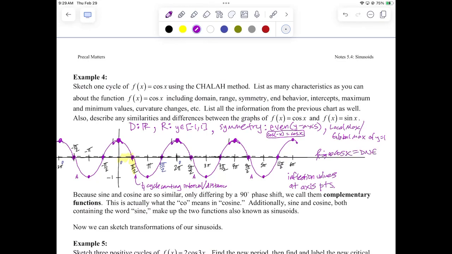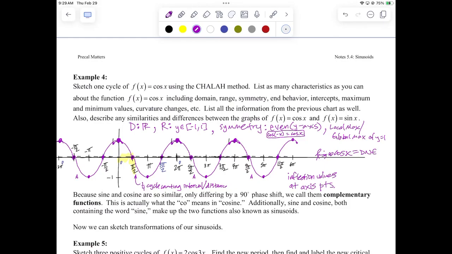In fact, this graph looks almost identical to sine, doesn't it? The only difference between this graph and sine is where it starts at 0, right? Cosine starts high and sine starts at an axis.